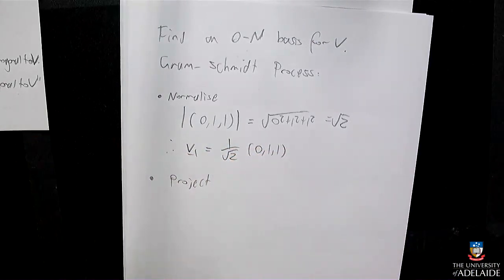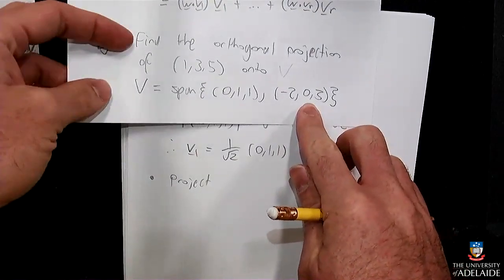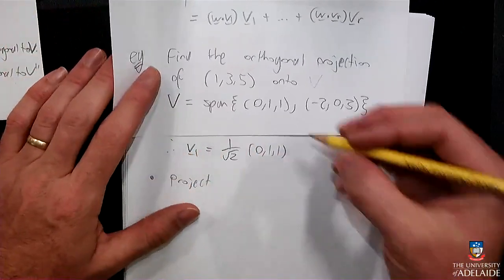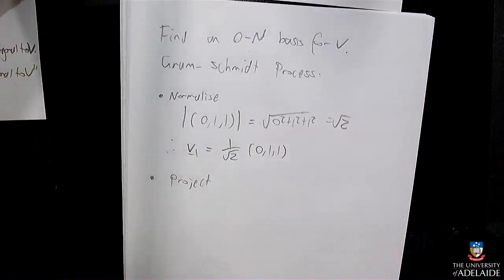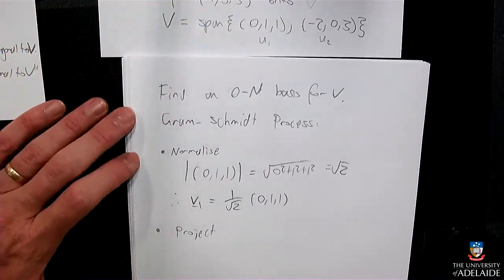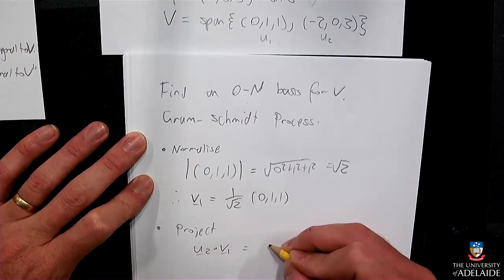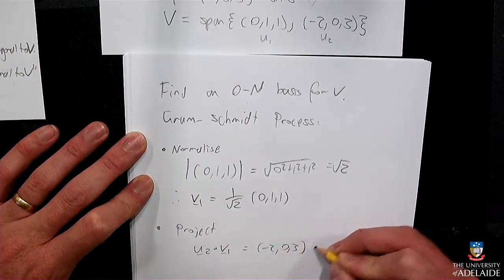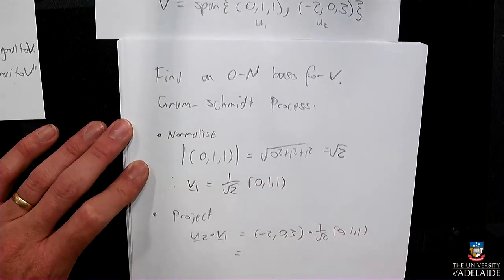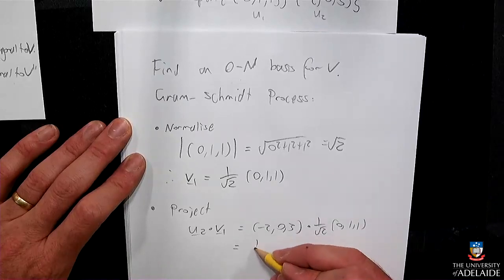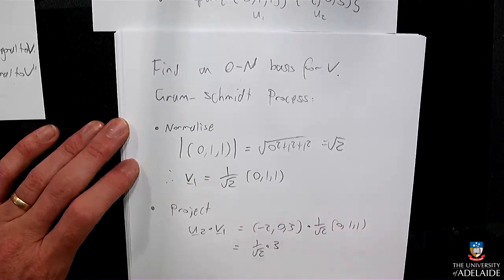So I'm going to do the projection of my second vector onto my first vector. It may be easier for me to call these u1 and u2. So let's see. u2 dot v1, which is the 1 on root 2 is still there, (0, 0, 3).